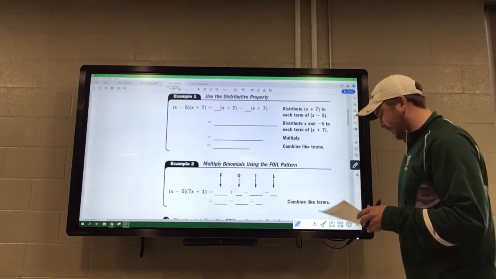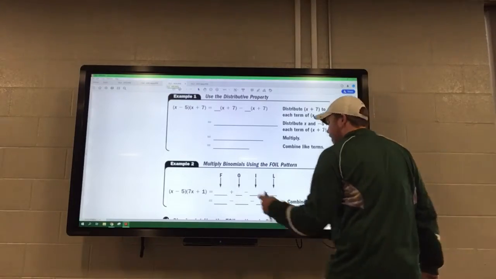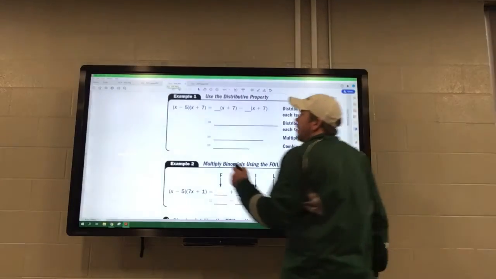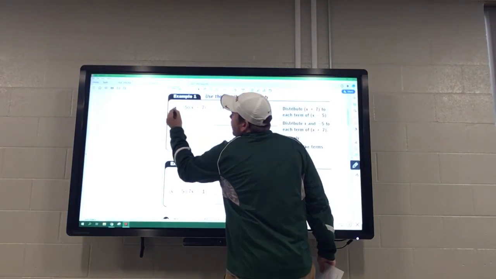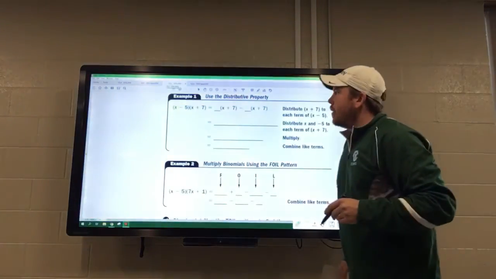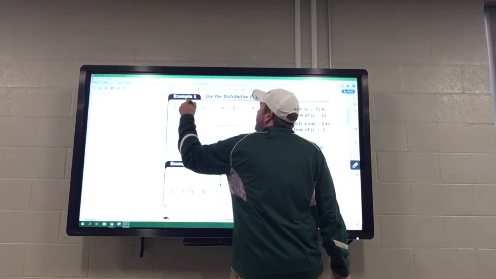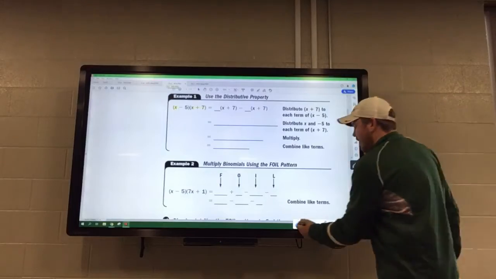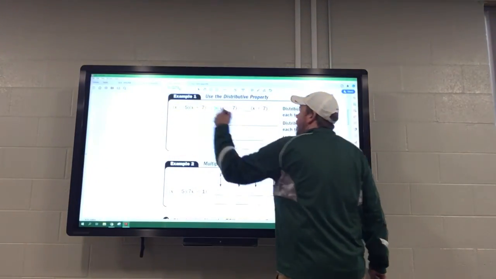So here's what we're going to do. We need to multiply x minus 5 by x plus 7. We're going to start by taking our first term in our first binomial, x, and multiply it by every term in the second binomial. So we're going to multiply x by x plus 7.